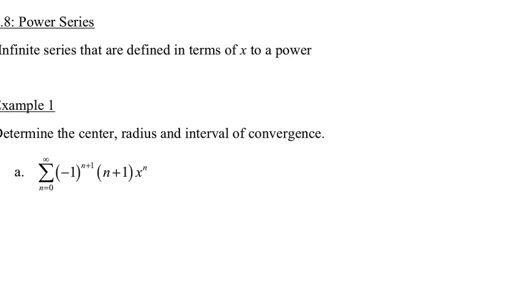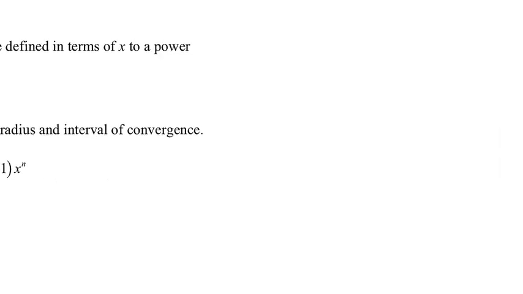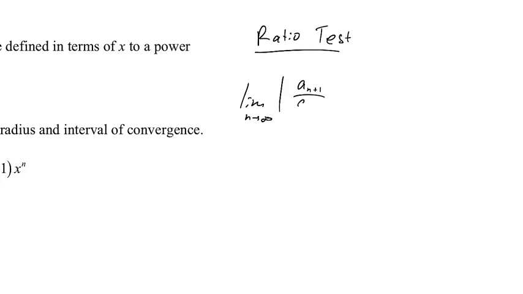Usually in class I will do a warm-up using the ratio test, which, if you remember, I said is very important, because I always do the limit as n approaches infinity of the subsequent term over the initial term, and if it is less than 1, then I converge.